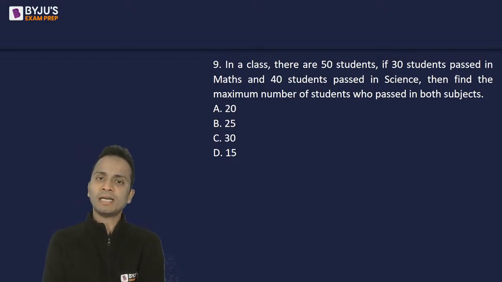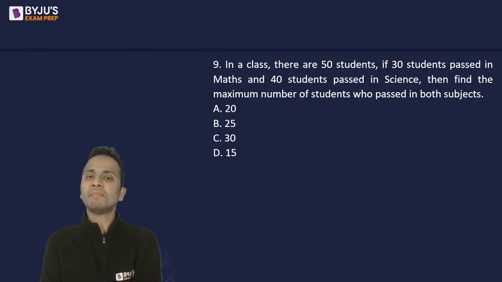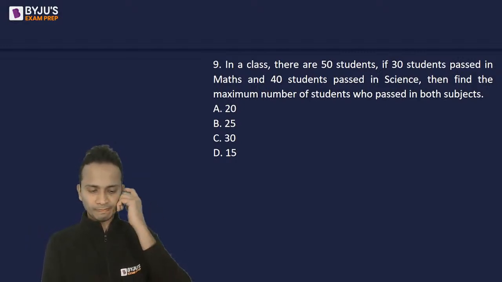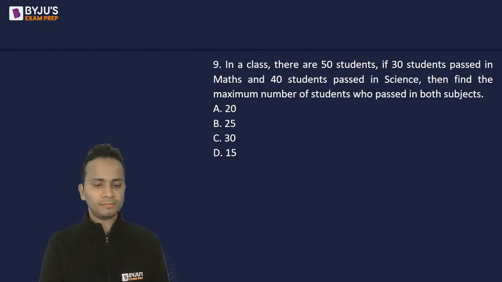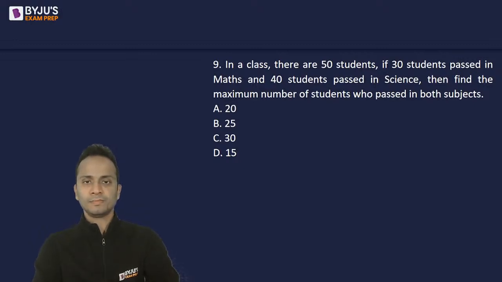If 30 students passed in maths and 40 students passed in science, then find the maximum number of students who passed in both the subjects. Simple question. It's a very simple question.